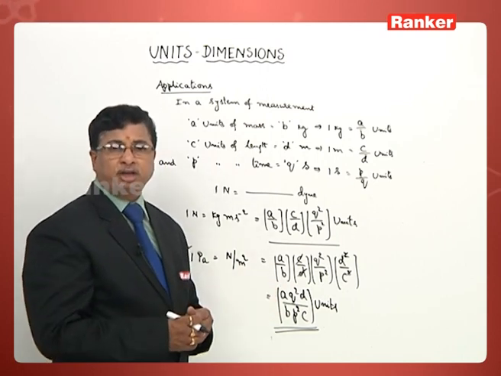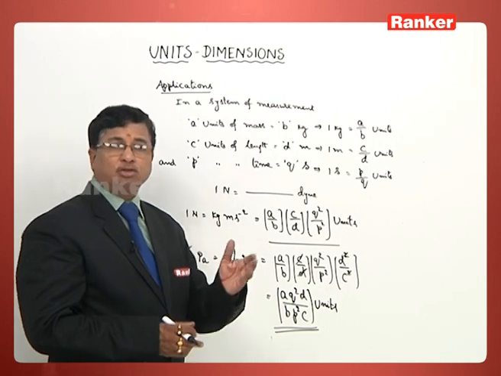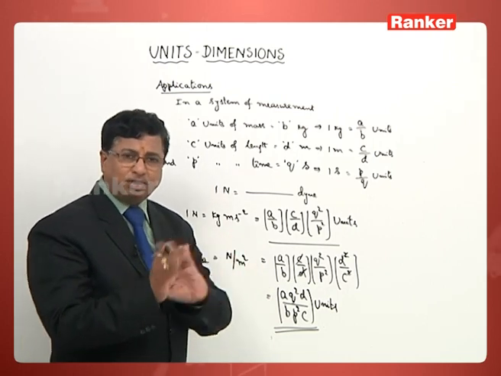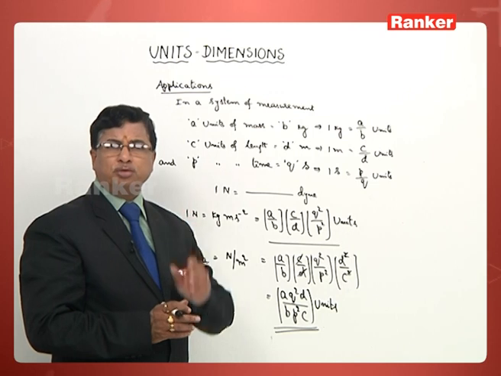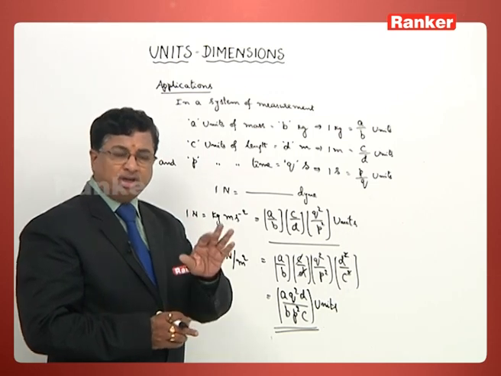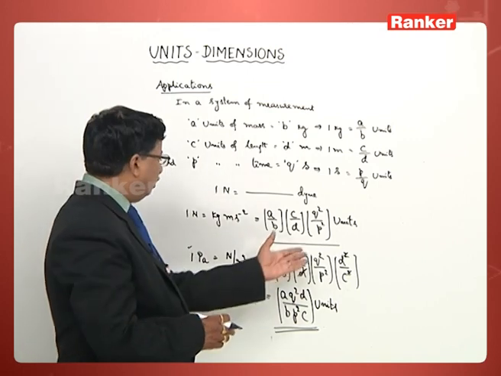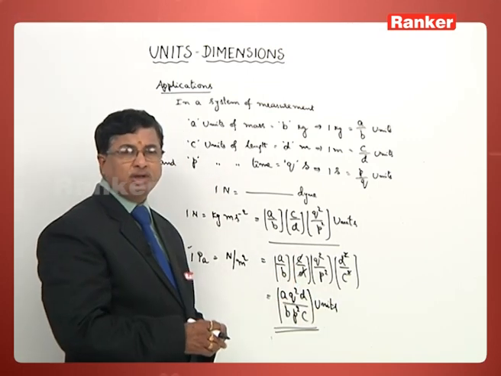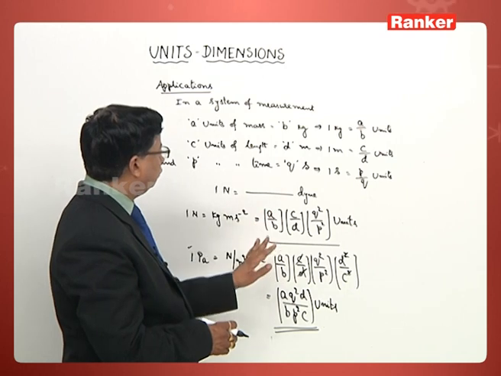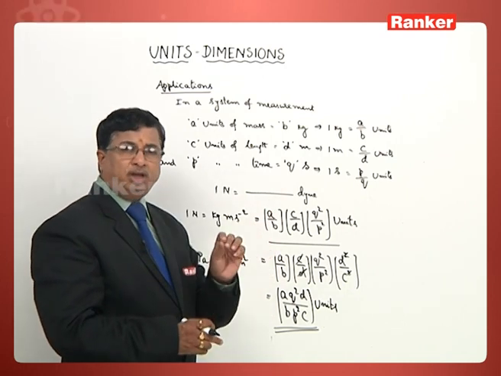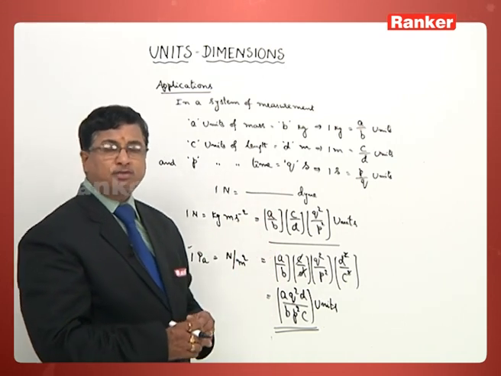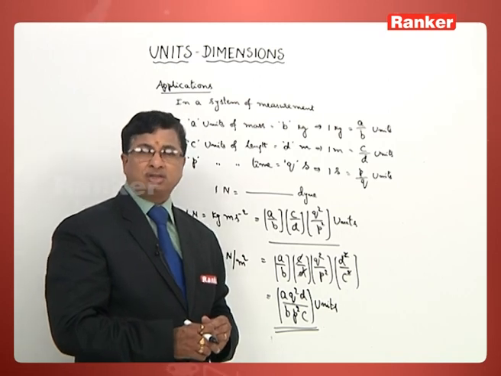Newton per meter square. What is 1 watt? It is joule per second. All these are standard conversions, so if you can remember the corresponding units, conversion is a very simple issue. But this is also equally one of the very good models as far as units and dimensions are concerned.